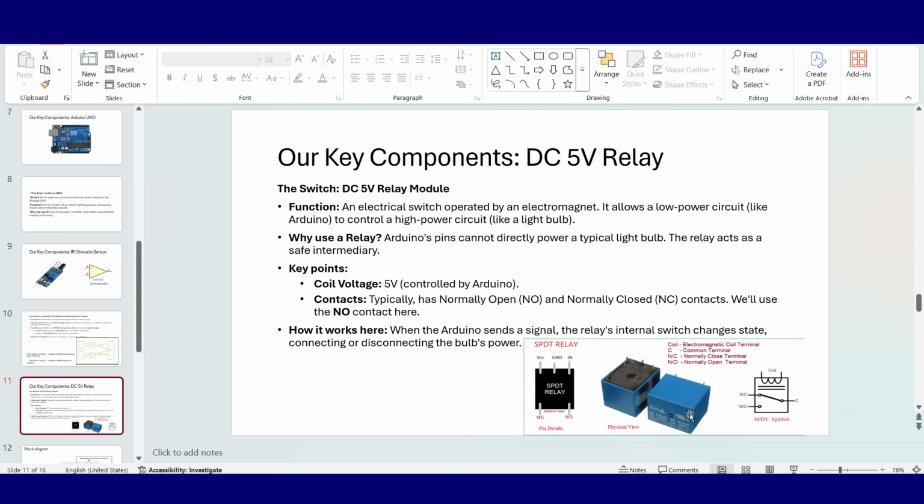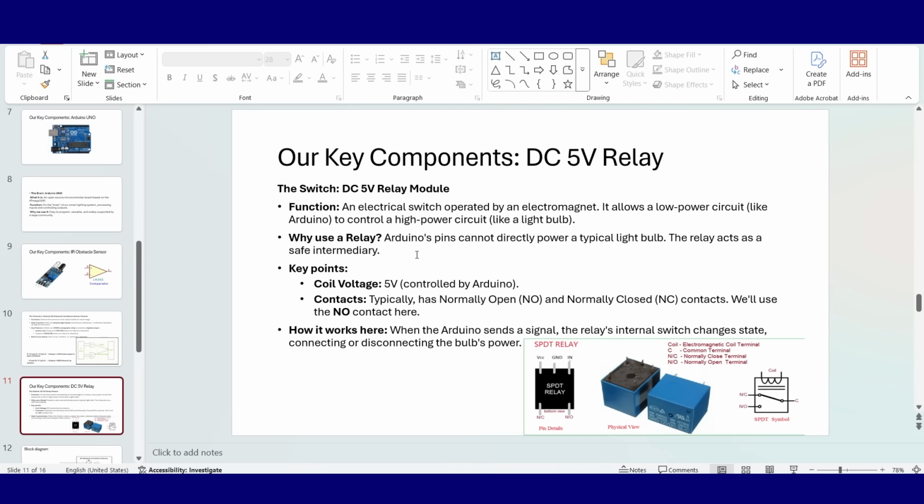So why do we require a relay actually? Because Arduino pins cannot directly power a typical light bulb. The relay acts as a safe intermediary because Arduino pins all work on DC. So if you want to turn on a bulb which is running on AC, you cannot use the Arduino pins directly.